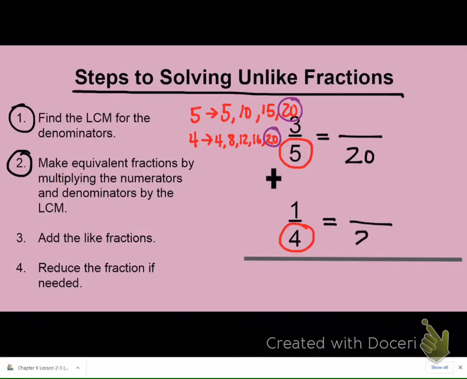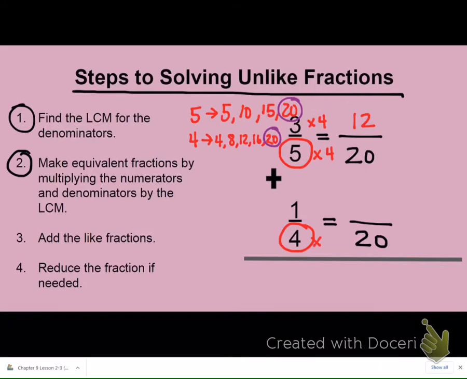So now we ask ourselves, what am I multiplying 5 by to make it equal to 20? Well, I'm going to be multiplying it by 4, aren't I? So if I'm multiplying the bottom of the fraction by 4, I need to multiply the top of the fraction by the same number. So 3 times 4 is equal to 12.